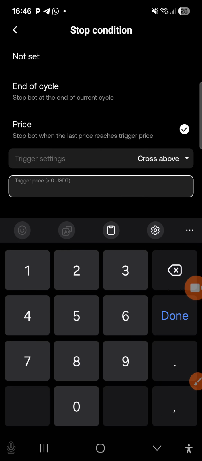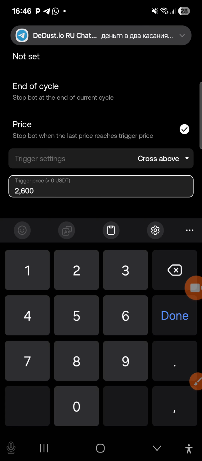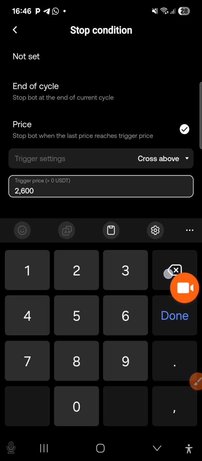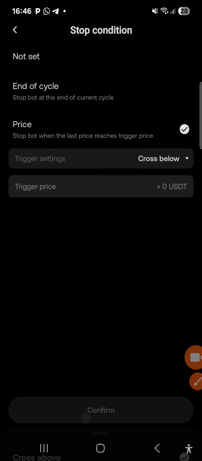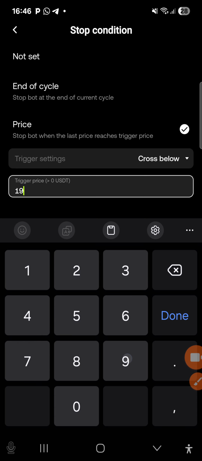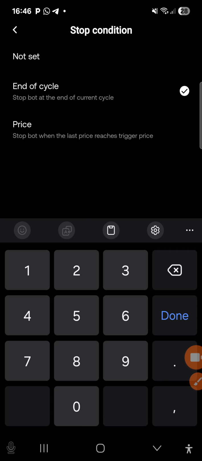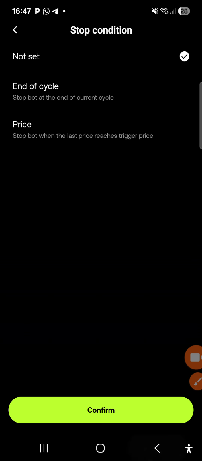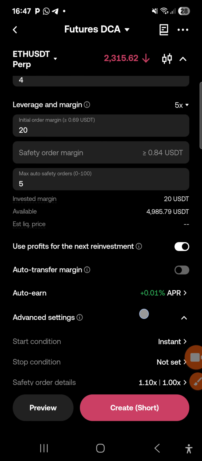For example, 2600. When it crosses above 2600, it stops. Or here, when you're shorting or selling, you say cross below. When it crosses below like 1900, it stops and you take the money that it has made for you. Now I hope that you're getting something.